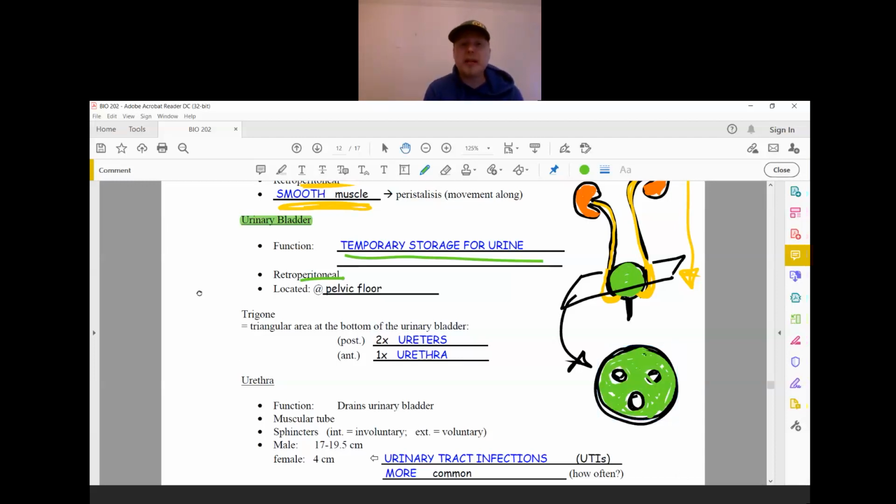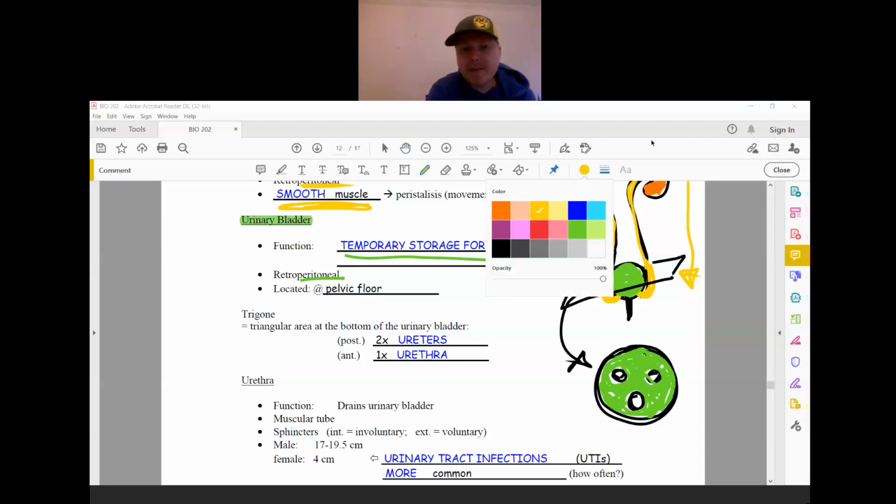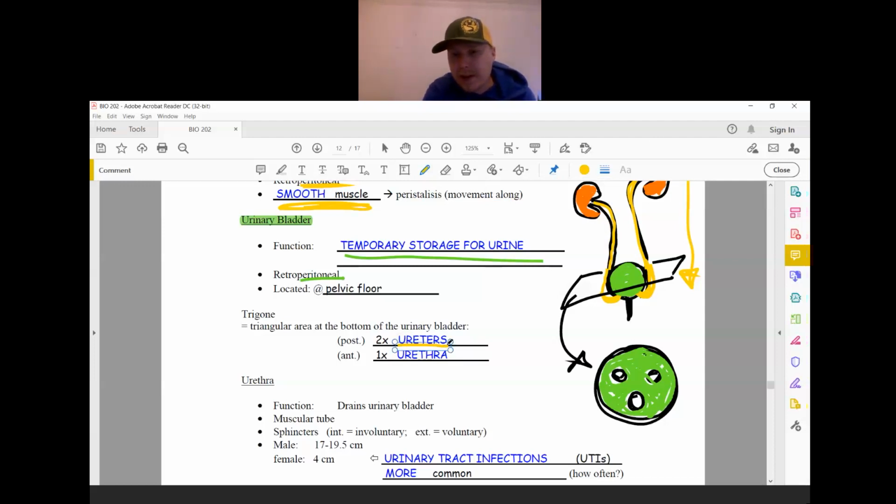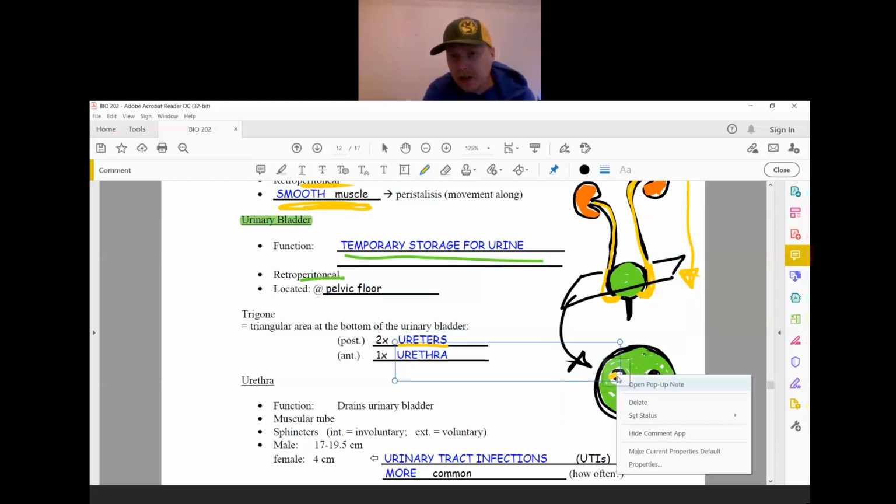So 2 of those we are already familiar with, and these are of course the 2 ureters which open at the base of the urinary bladder.